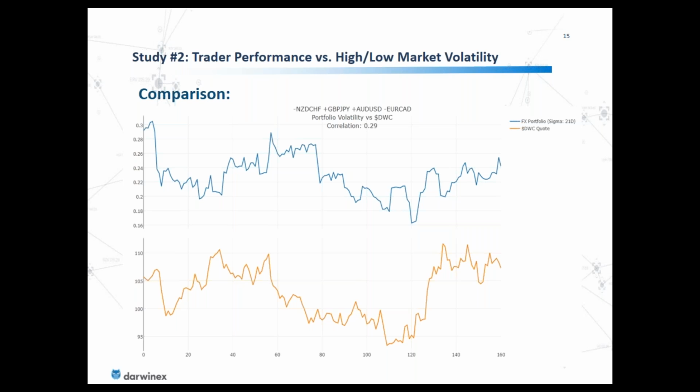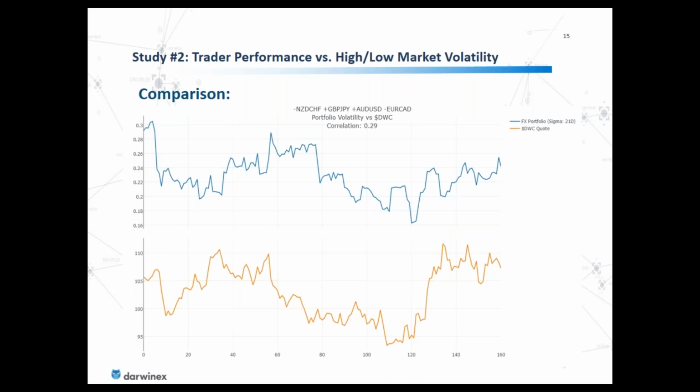Once again, this is a lot of material to cover, so we'll quickly step through it all over again. We know volatility from our calculations earlier, and we've taken the DWC's curve as well because it is representative of trader performance. Both have a positive correlation, which means that they both move in line with each other to some extent, to a reasonably strong extent based on this result.